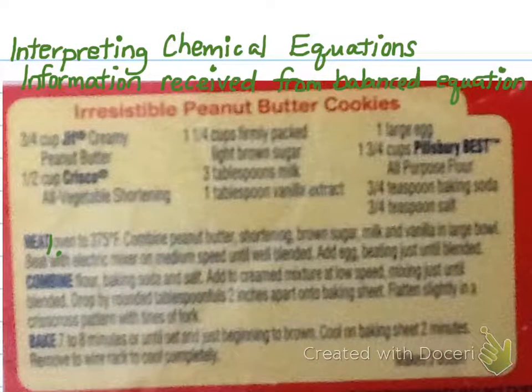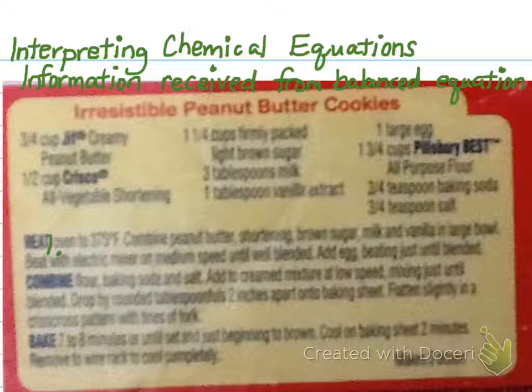I know it's a little hard to read, but if we're making cookies, this recipe is for peanut butter cookies, which is one of my favorites, and it calls for 3/4 of a cup of creamy peanut butter, a half a cup of Crisco, 1 1/4 cups firmly packed light brown sugar, 3 tablespoons of milk, a tablespoon of vanilla, a large egg, 1 3/4 cups of flour, 3/4 of a teaspoon of baking soda, and 3/4 of a teaspoon of salt.